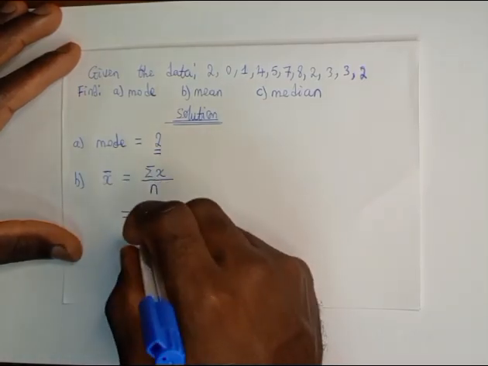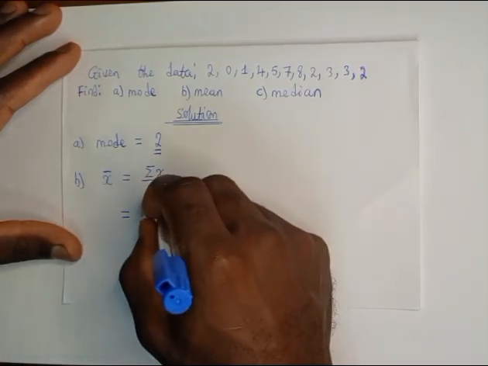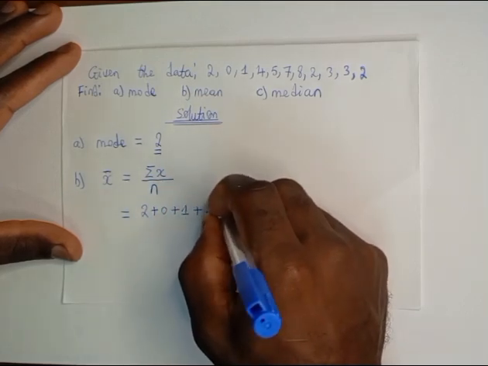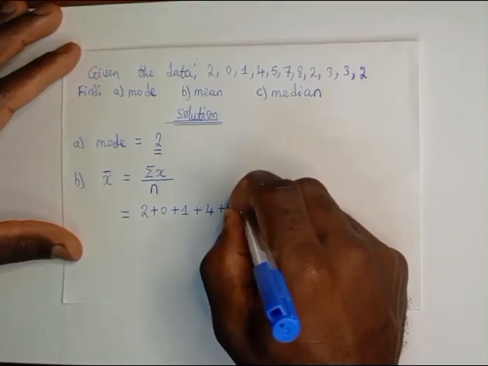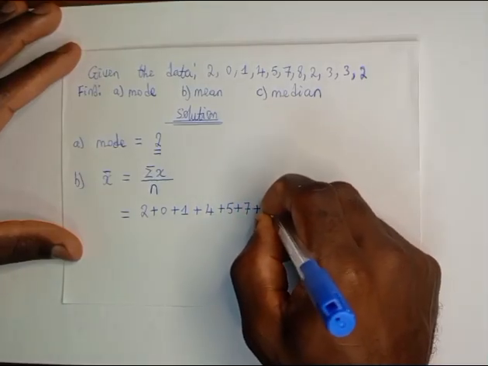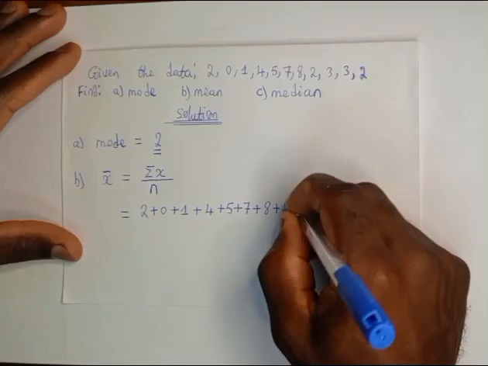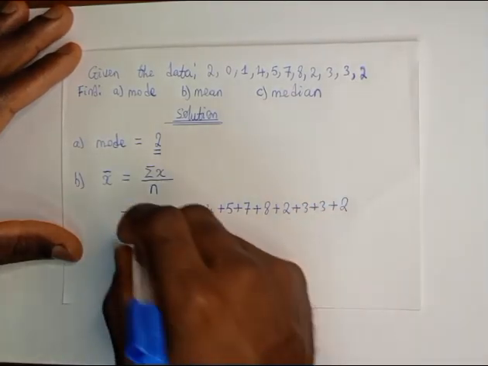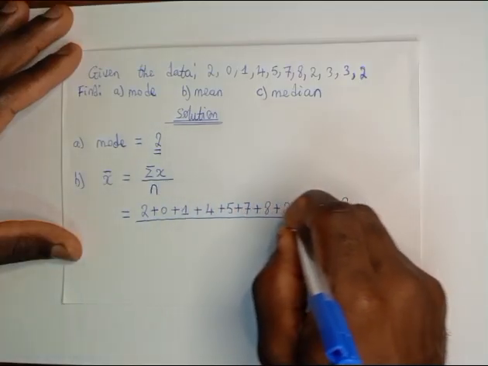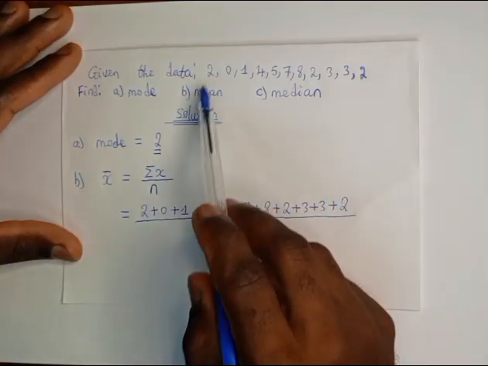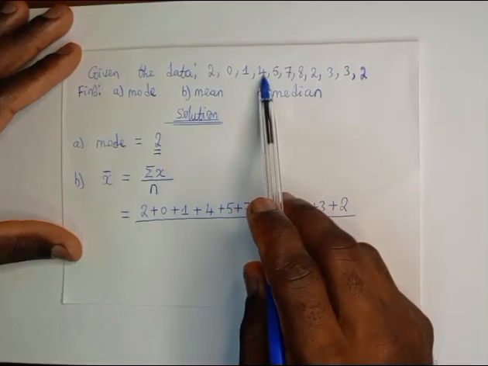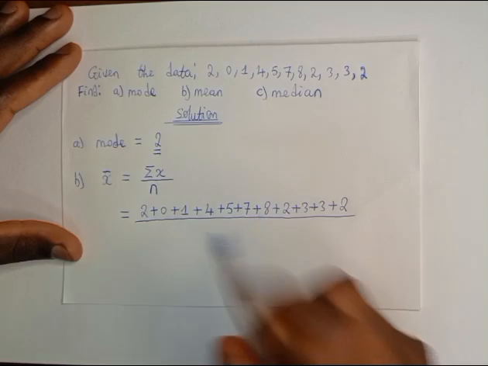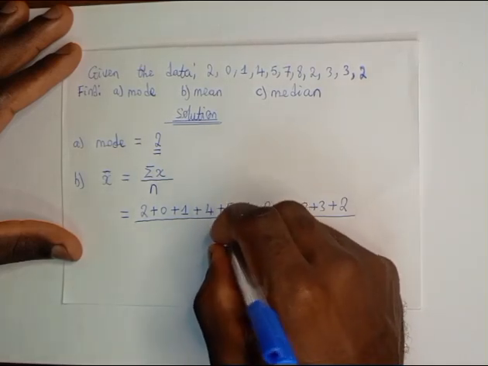This will be equal to 2 plus 0 plus 1 plus 4 plus 5 plus 7 plus 8 plus 2 plus 3 plus 3 again plus 2, and we have to divide all this by the number of observations. We have 1, 2, 3, 4, 5, 6, 7, 8, 9, 10, 11. We divide by 11.